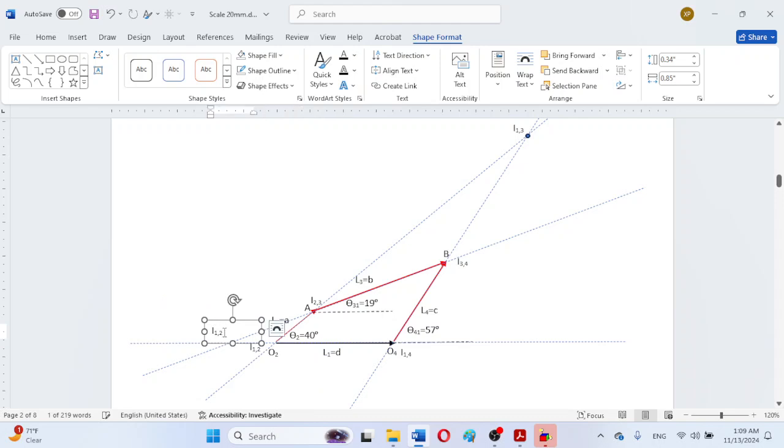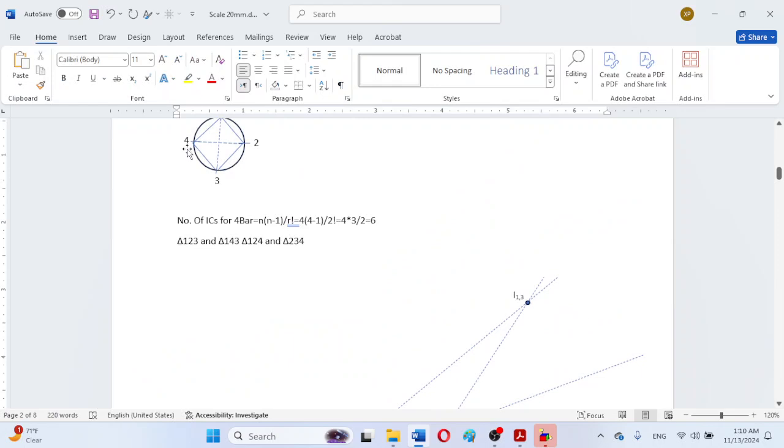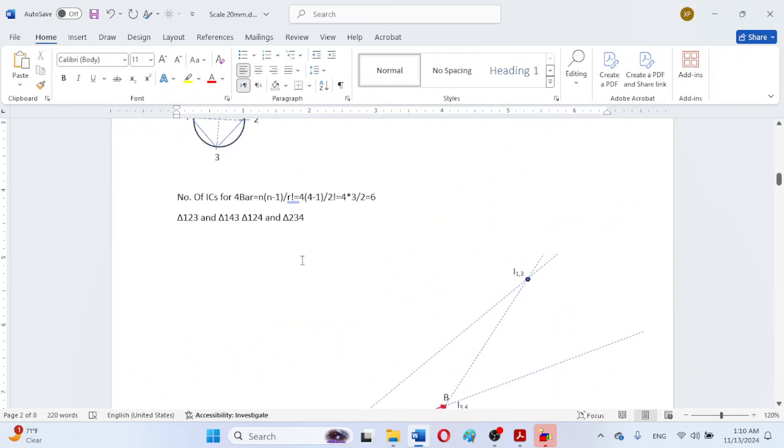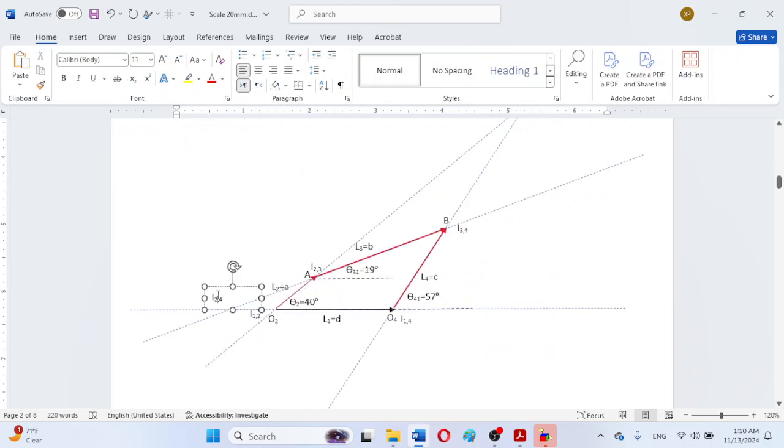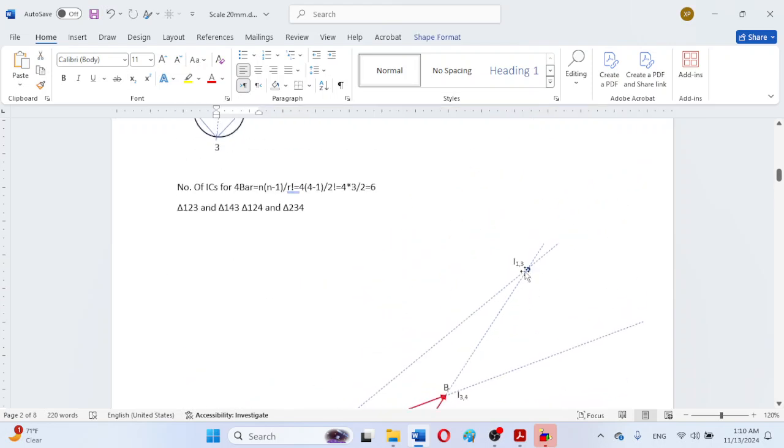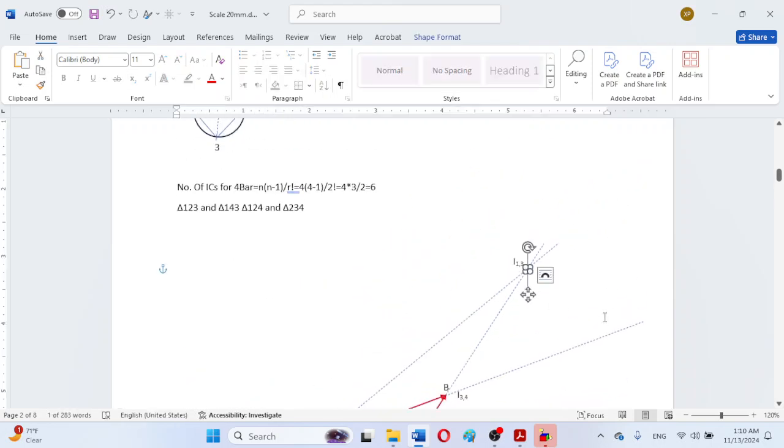In this manner, this is instant center 2 comma 4. This sixth instant center has been located here.